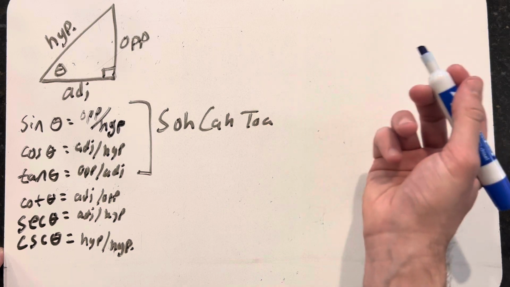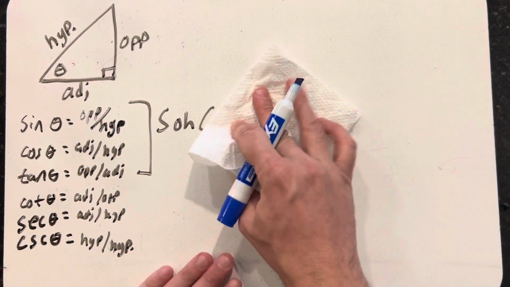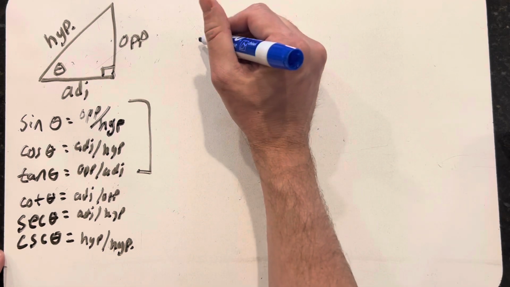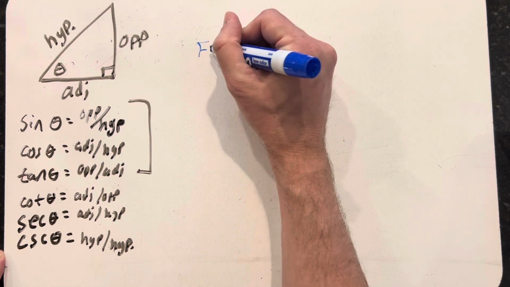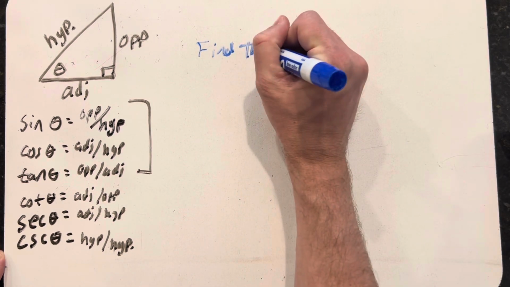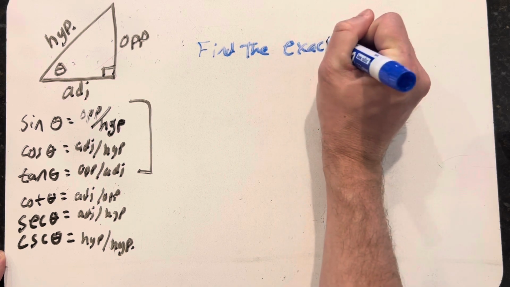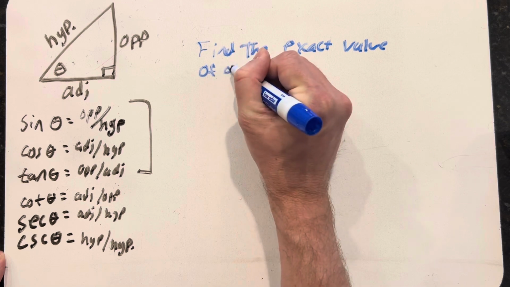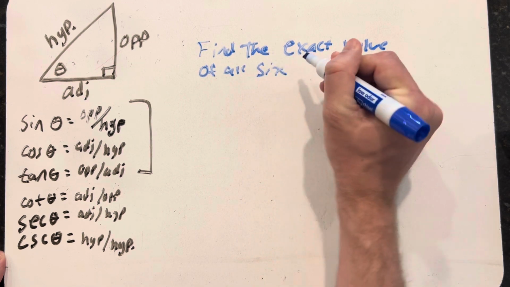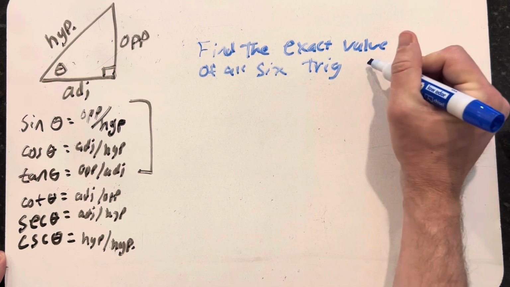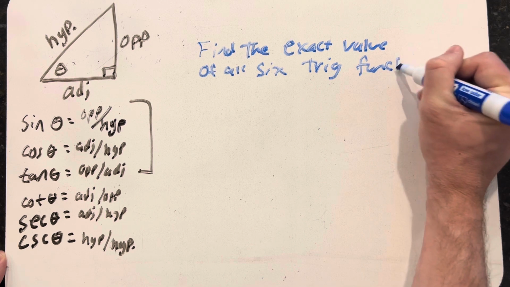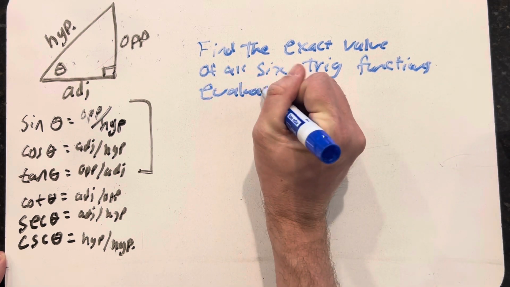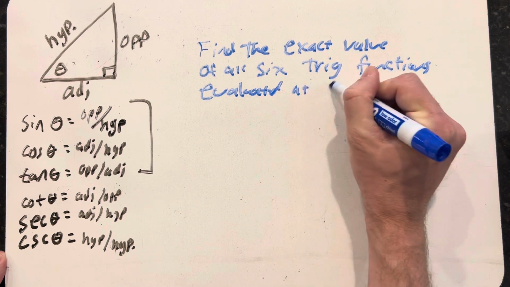All right. Now, let's use these definitions to find some exact values of some trigonometric functions. So find the exact value of all 6 trigonometric functions evaluated at theta.